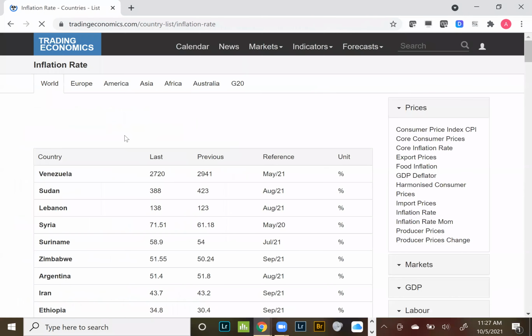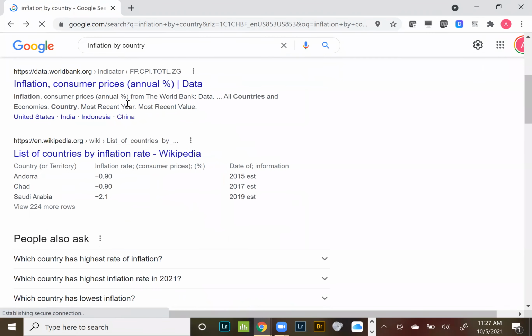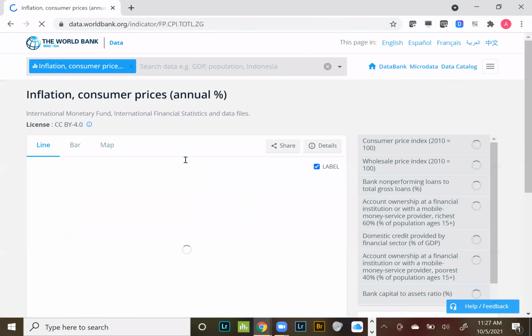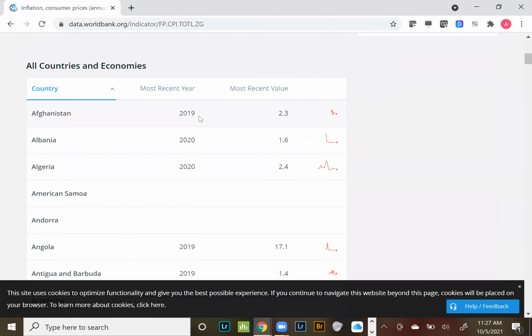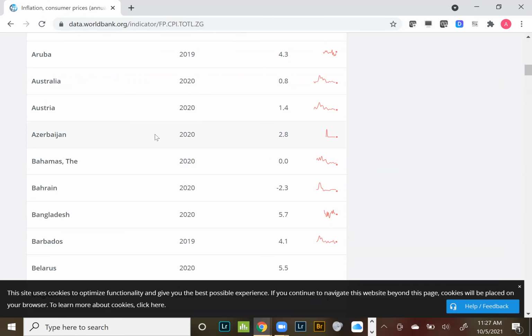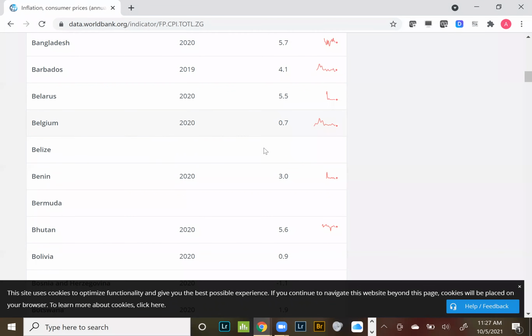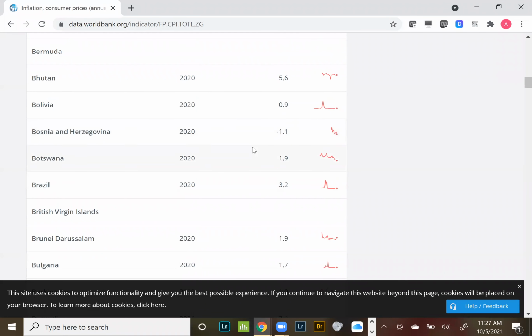I think we did this once before, didn't we? This is not what I want. I wanted it sorted. For some reason, it's not sorted. All right, well, here's alphabetical. Let's see if we can find some countries that are unusually low or high.